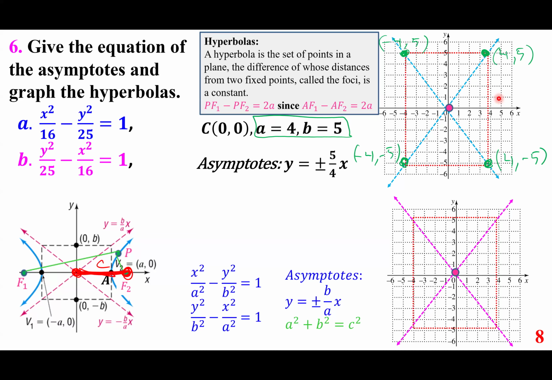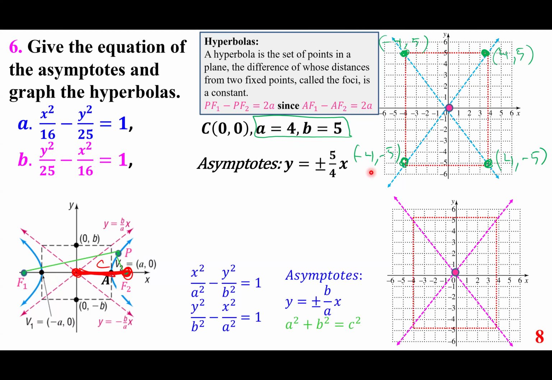And those diagonals are the asymptotes. So one easy way to graph asymptotes is to just, the moment you have A and B, put 4, 5, and then various points, make one of them negative and eventually both of them negative, and we have it.